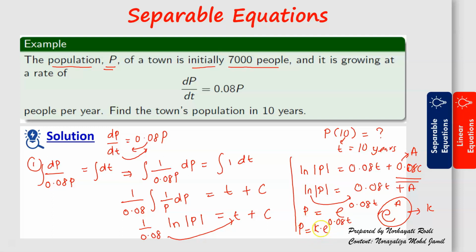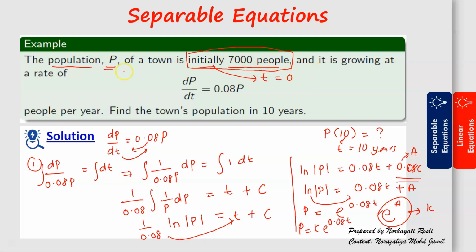But we are already given a time here. The question asks for the value when we have 10 years. And in the question, we actually have an initial value. You can extract the initial value from this information, which means that initially there are 7,000 people. When we mention initially, our time is equal to 0.